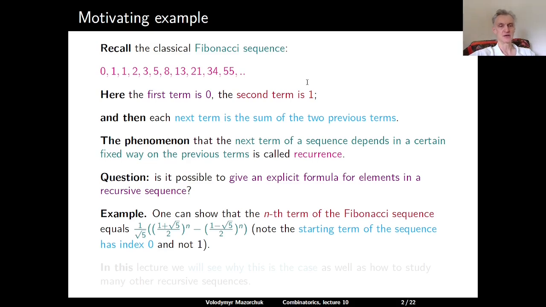And here, of course, there are many questions. The first question would be, why on earth should a square root of 5 appear for the Fibonacci sequence? And this is exactly what we are going to discuss and answer in this lecture.